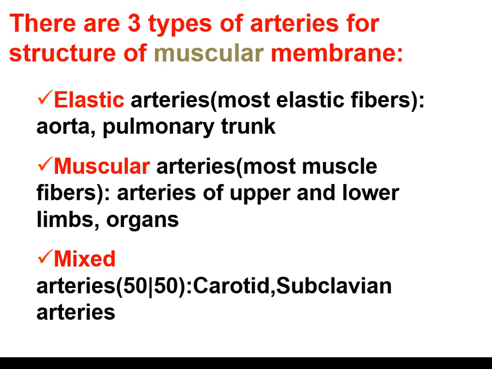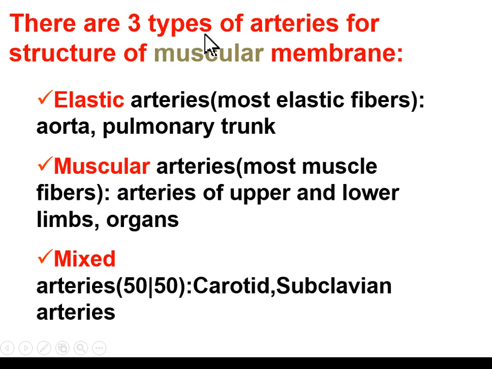Examples are the arteries of the upper and lower limbs and organs. And the third type, mixed arteries, with 50% elastic fibers and 50% muscular fibers. Examples: carotid, subclavian arteries.